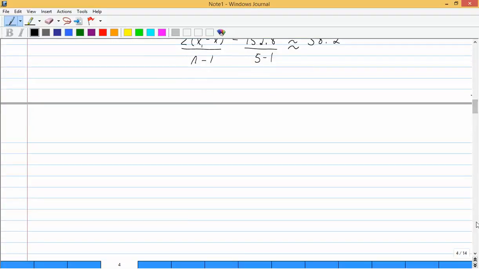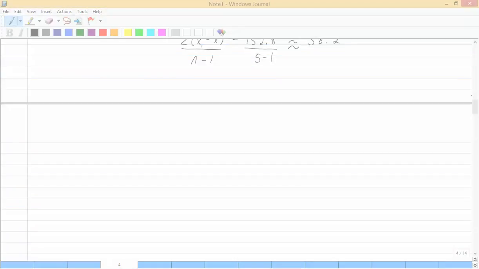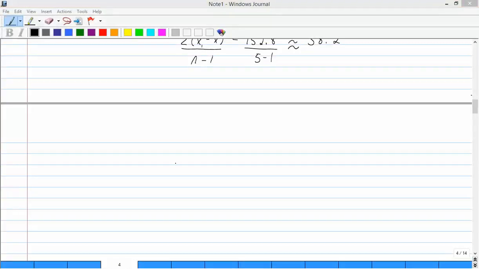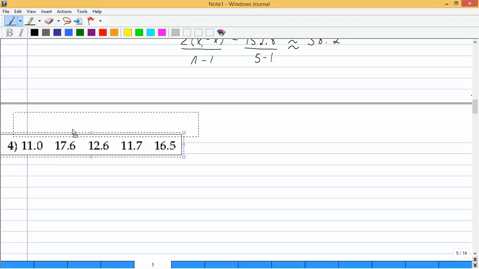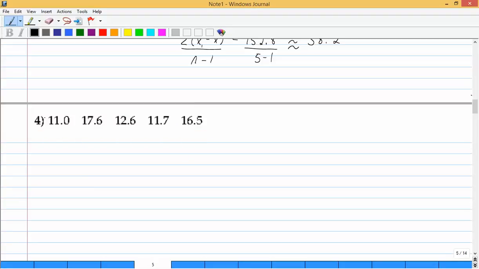Alright, let's do one more of those. I'm going to pick another problem. How about we do same directions, find the variance for this set of data. This is problem number 4 off of the sheet that I made up. So what we need is a column for our data values.